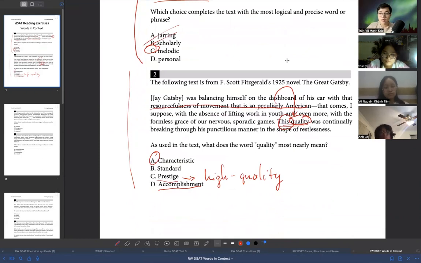It's about something special about him. It's something about his characteristic. It's not about his achievement, right? So this has to be a characteristic. Have you got this, Lina? Okay, so don't be mistaken again, because prestige and accomplishment require something that has to be a very high standard, but characteristic is about each person. It's about the personal, right? So this quality.